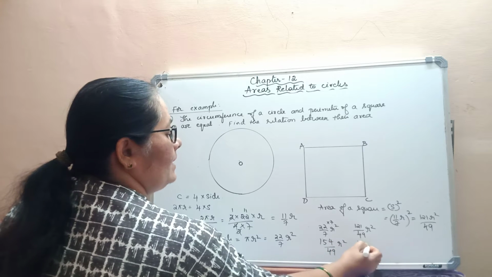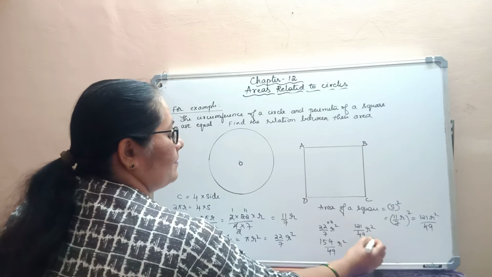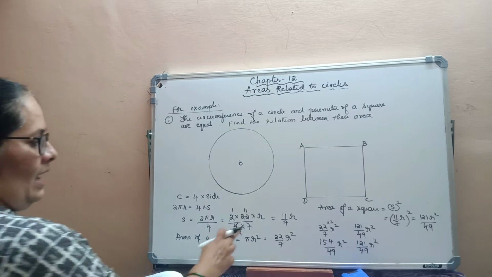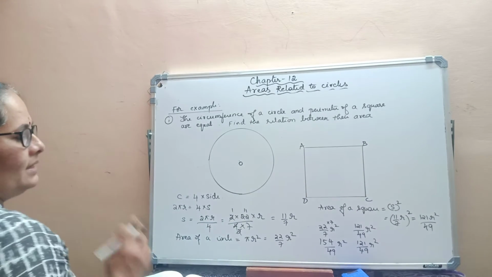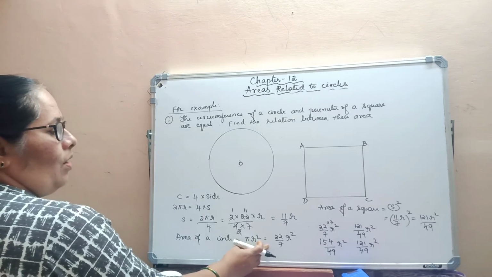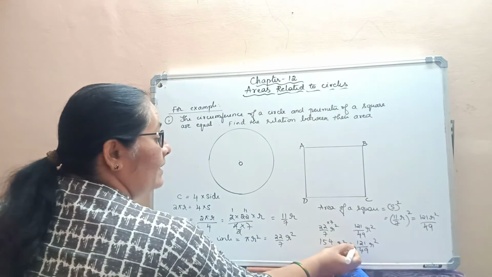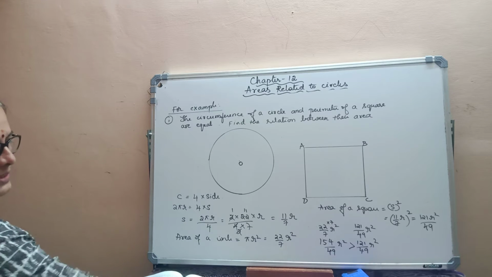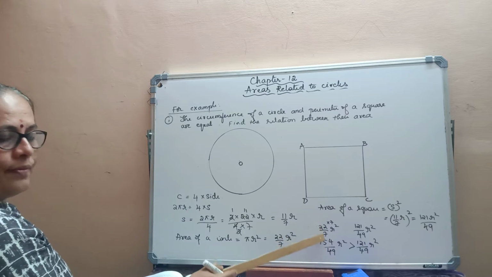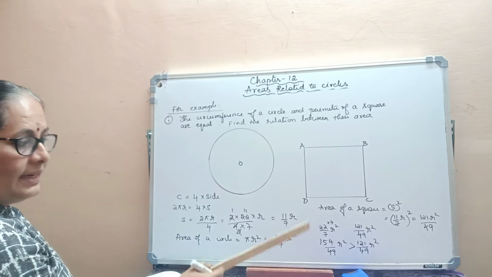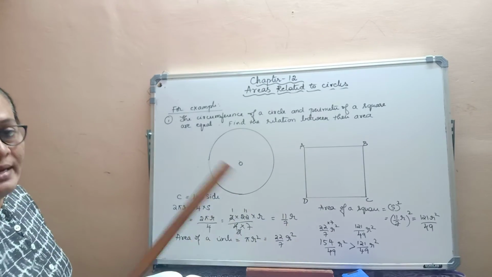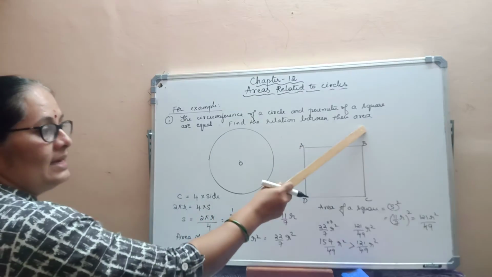This is 121 by 49 r square. So which has more area then? See here, area of a circle is greater than area of a square. So this is the relation between their areas.